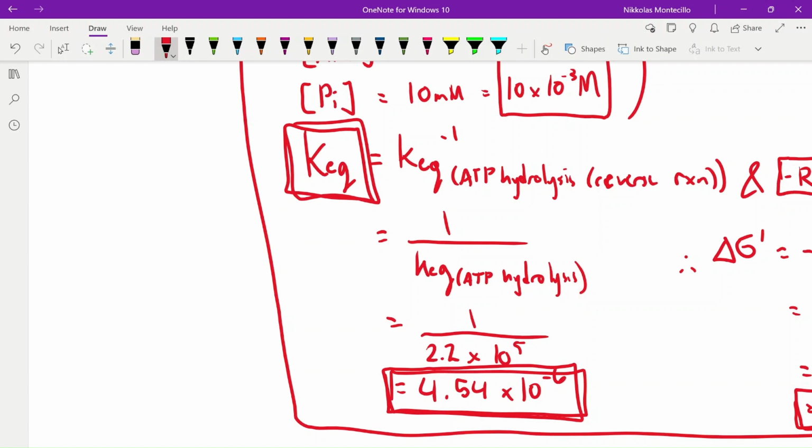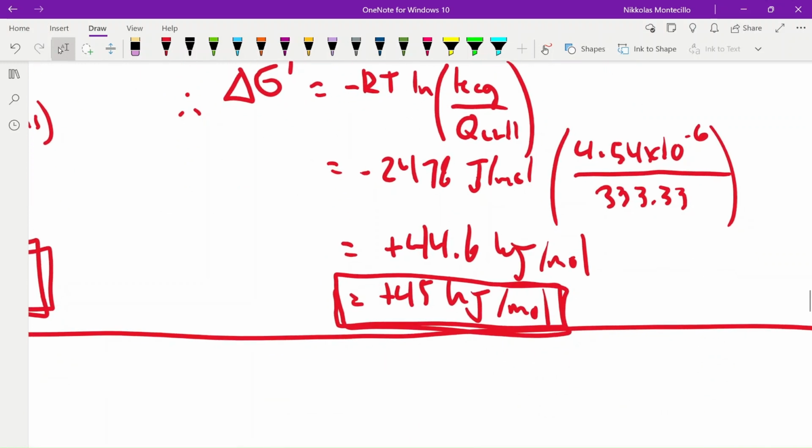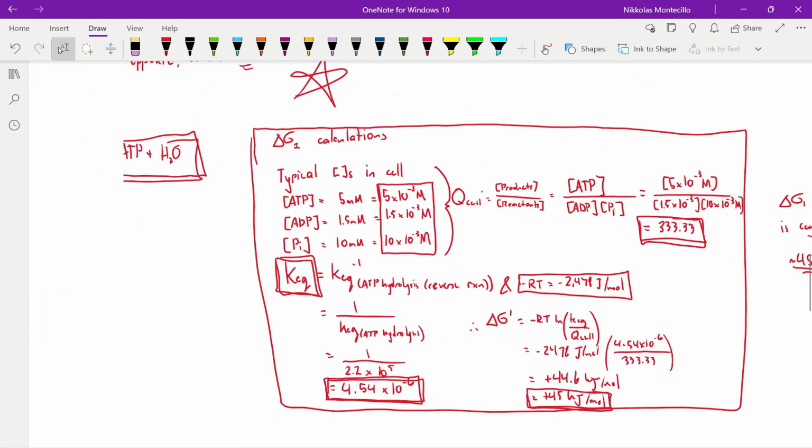Therefore, the energy associated with ATP synthesis is equivalent to negative RT ln KQ over Q cell, negative 2,478 joules per mole times 4.54 times 10 to the negative 6 over 333. We experimentally determined that value to be 44.6 kilojoules per mole, which is approximately 45 kilojoules per mole.